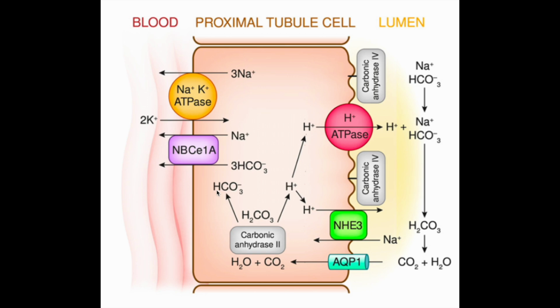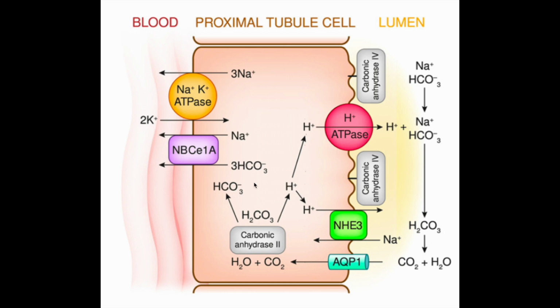The other important thing that happens is you have a very active sodium potassium ATPase pump, which is constantly pumping the sodium against its concentration gradient into the blood and absorbing the potassium, thereby causing a negative potential inside the cell.